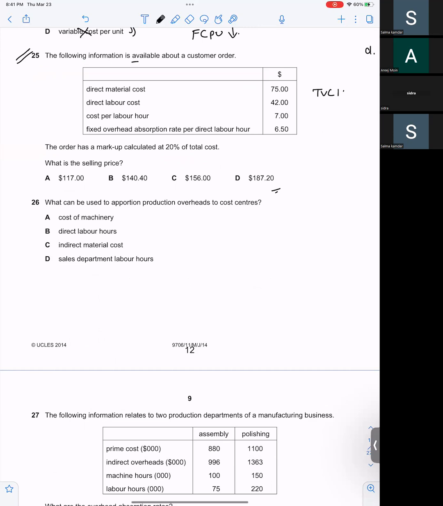The following information is available about a customer's order. I have a customer order: direct material, direct labor, cost per labor hour, fixed overhead absorption rate per direct labor hour. The order has a markup calculated at 20% of the total cost.